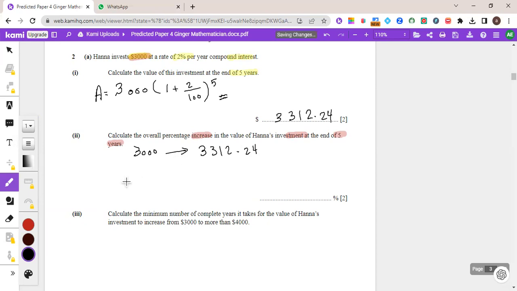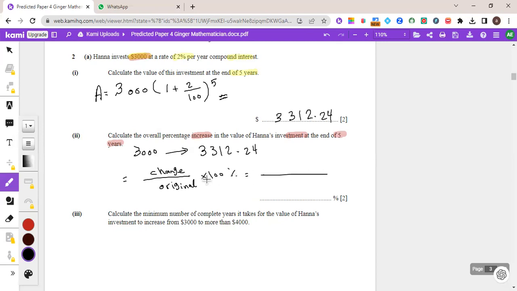The percent increase. You know the formula? It's increased, right? So change over original times 100%.